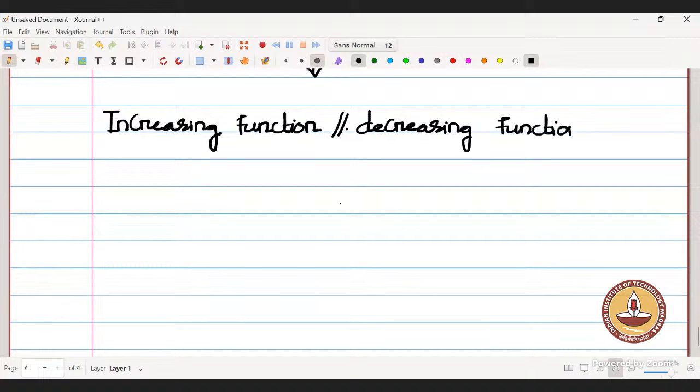What is the definition of increasing function? If f of x1 is greater than f of x2, then x1 should be greater than x2.